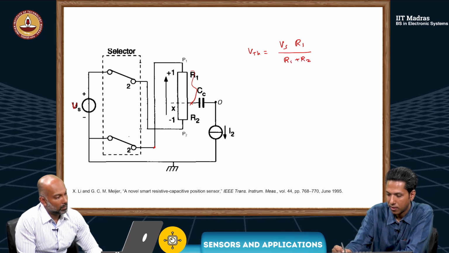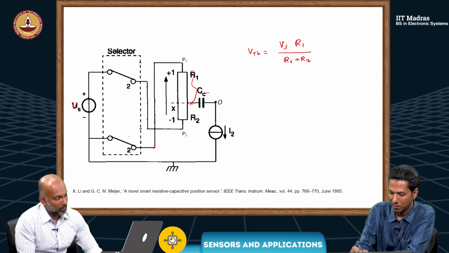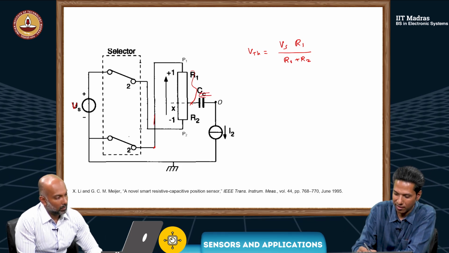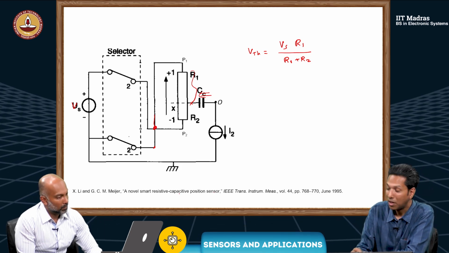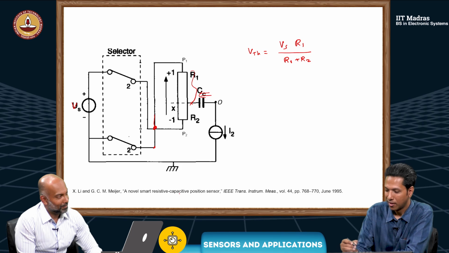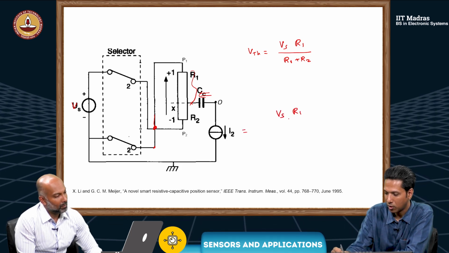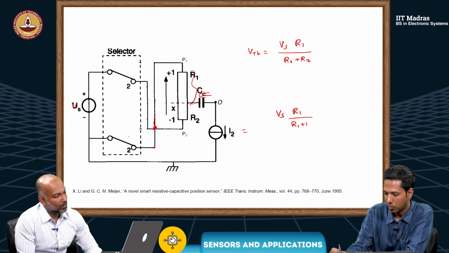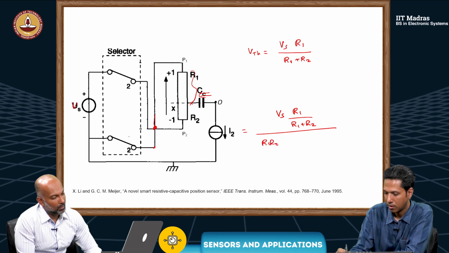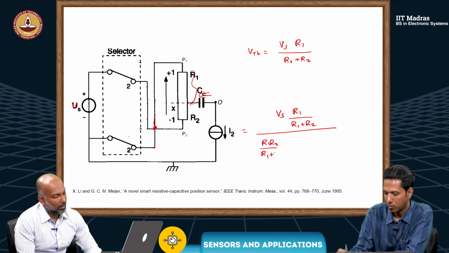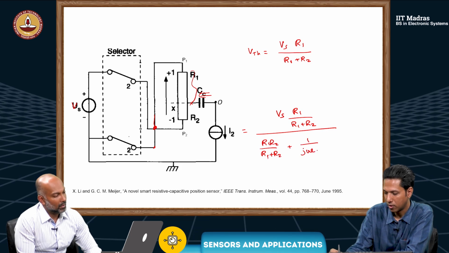RTH will not change, because I am looking from here with the source short circuited, so it's R1 parallel R2. Everything else is the same. So I2 will be Vs into R1 by R1 plus R2, divided by the same thing: R1 R2 by R1 plus R2 plus 1 by J omega CC.